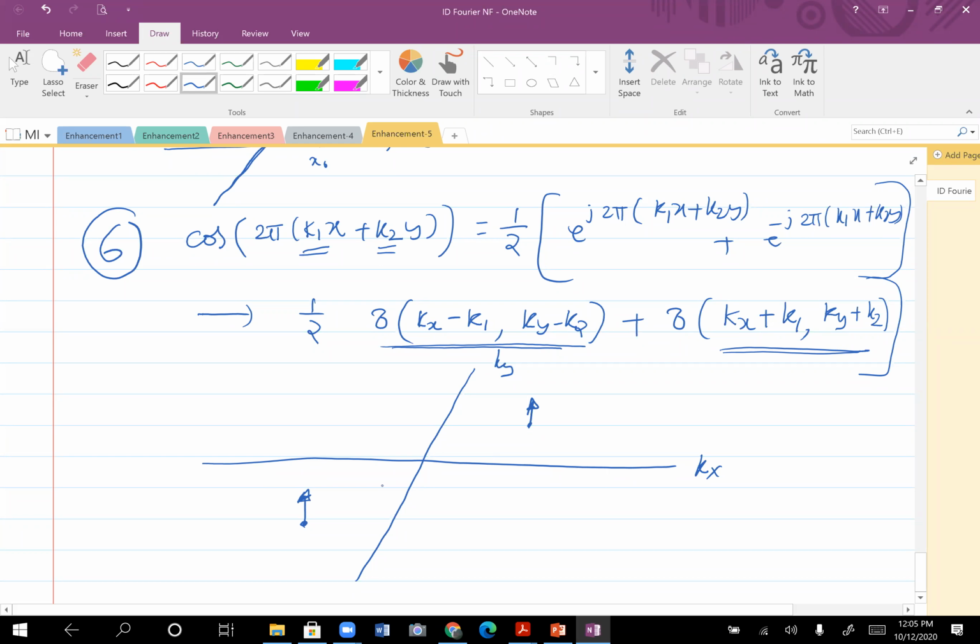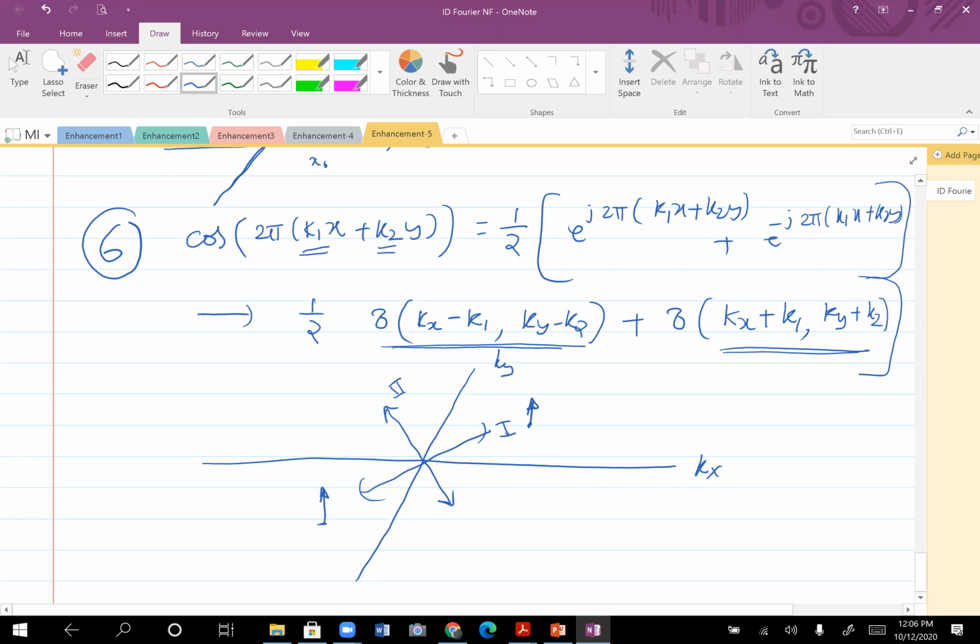Let me put two directions: direction 1 and direction 2.